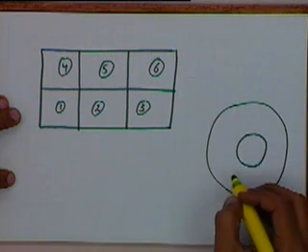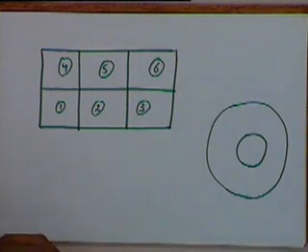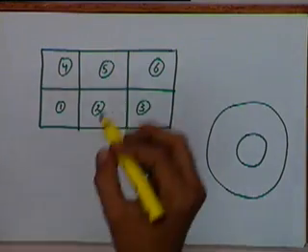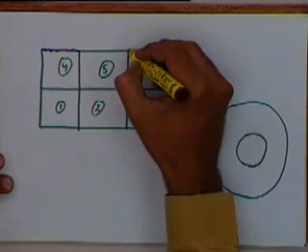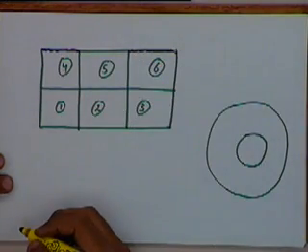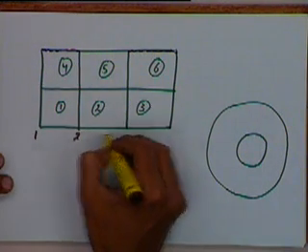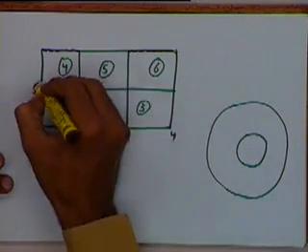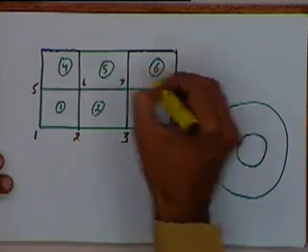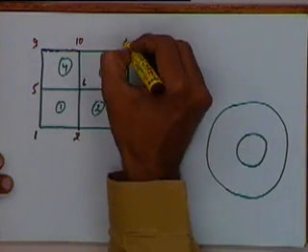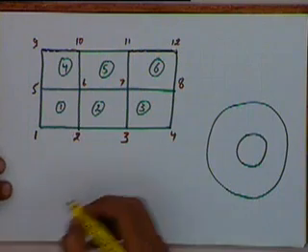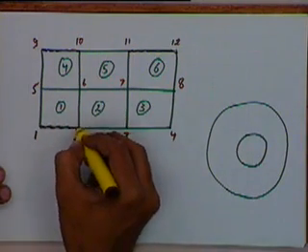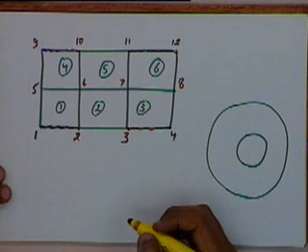Then what we can say is that we will take this edge and this edge and we will merge them together. If I just give them numbers 1, 2, I will take this edge and this edge and I will merge them together.